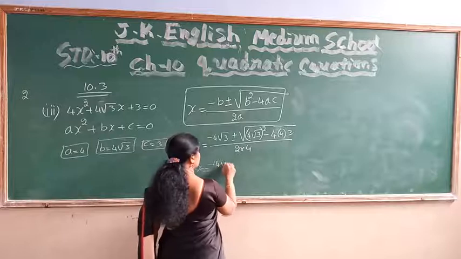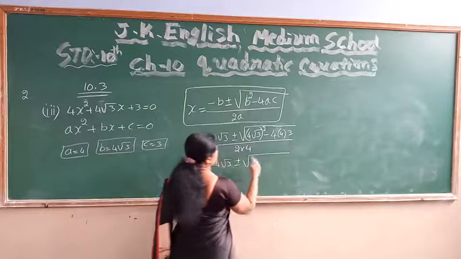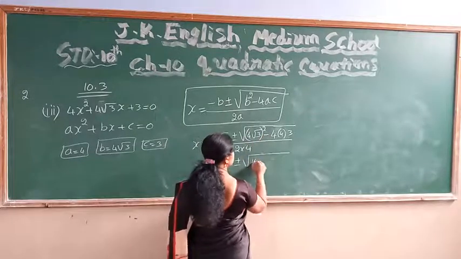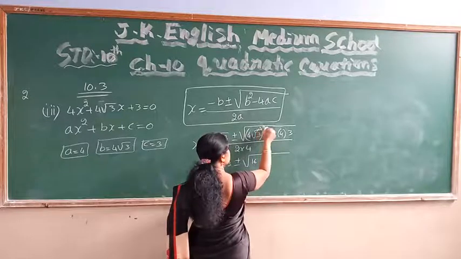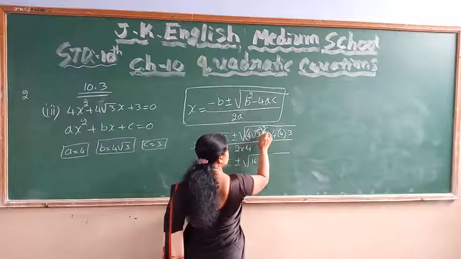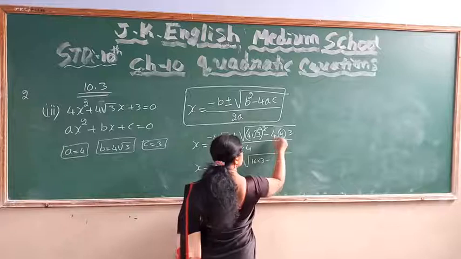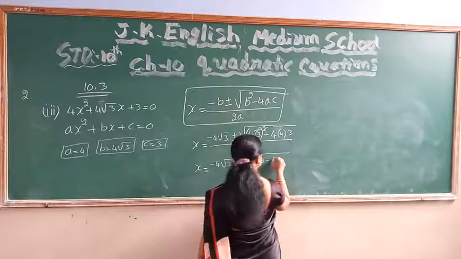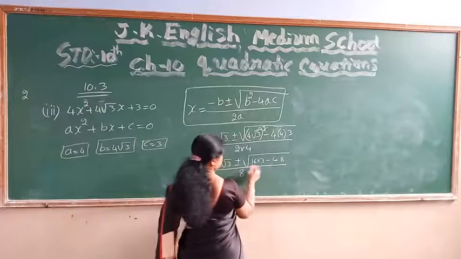Minus 4 root 3 divided by 8, plus or minus square root of 4 square is 16. Root 3 squared means the square root cancels, only 3 remains, 3 square means 3. So 16 into 3 minus, 4 4s are 16, 16 3s are 48. Divided by 8. It becomes 0.